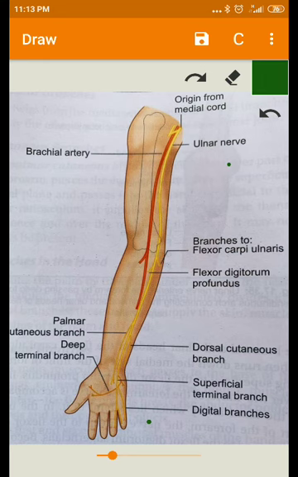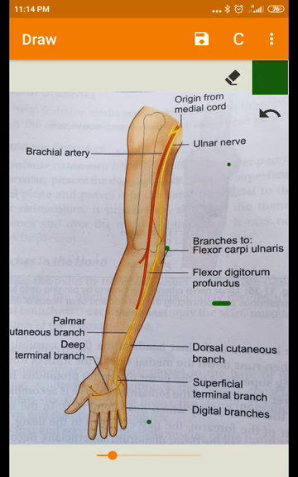In the arm, the ulnar nerve doesn't give any branches. It gives branches in the forearm as well as in the palm. In the forearm, it gives out muscular branches, articular branches, as well as cutaneous branches.